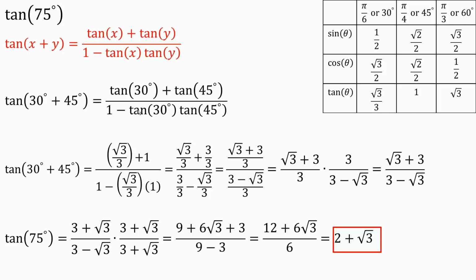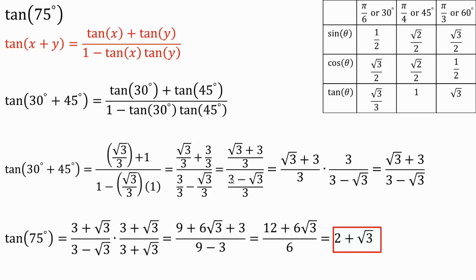Divided by 1 minus tan 30 we said is the square root of 3 divided by 3, and tan 45 is 1. And so if we get a common denominator, so here is a 3, so I can say plus 3 divided by 3. Here is also a 3, so I can say 3 divided by 3. And so I would get 3 plus the square root of 3 divided by 3, the whole thing divided by 3 minus the square root of 3 divided by 3.